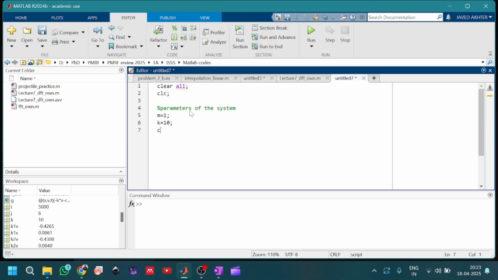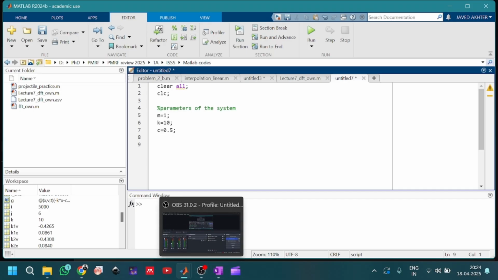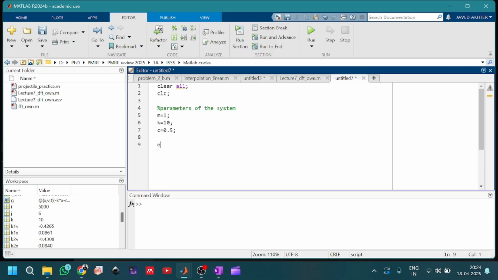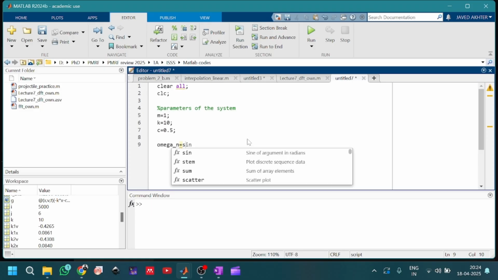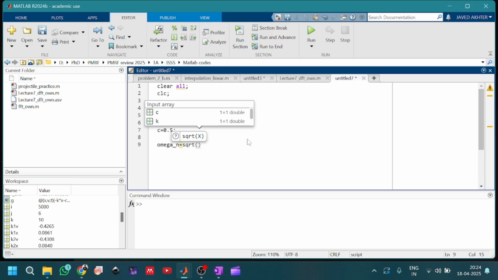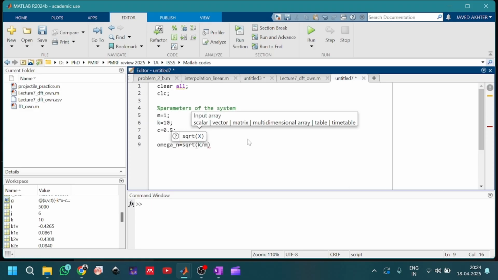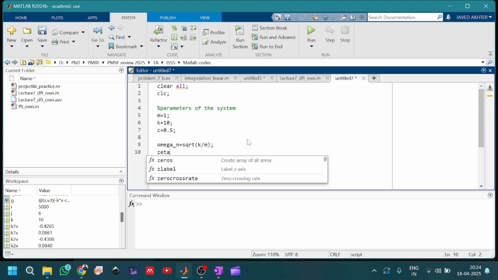We have the damping coefficient, so let us take it to be 0.5. Then we have the natural frequency, which is omega n, that means omega natural. It is defined as the square root of k divided by m. Then we have the zeta term.